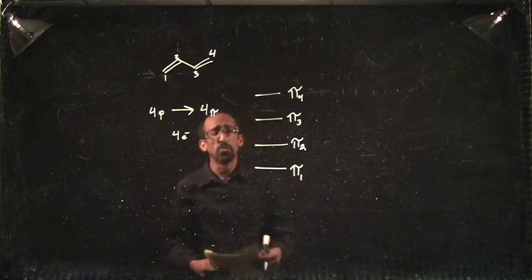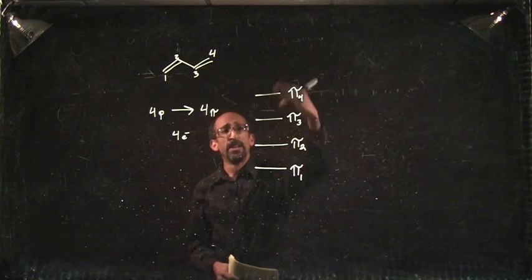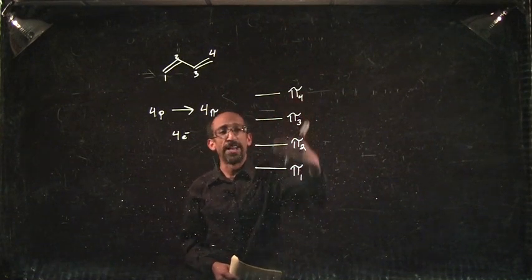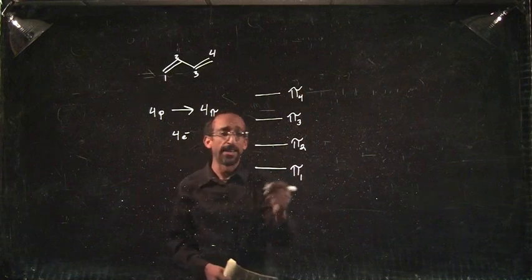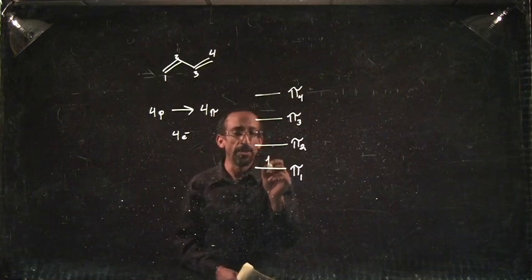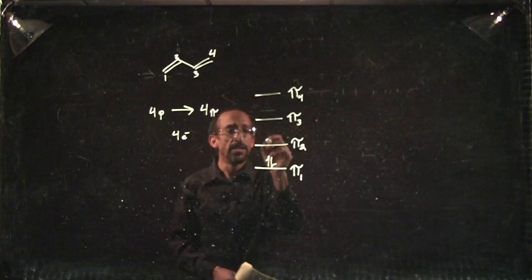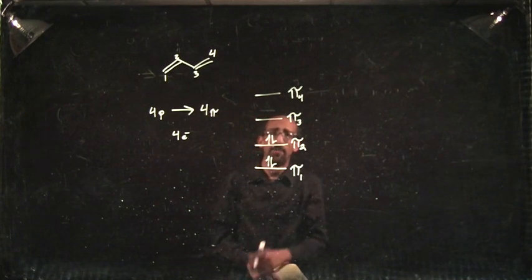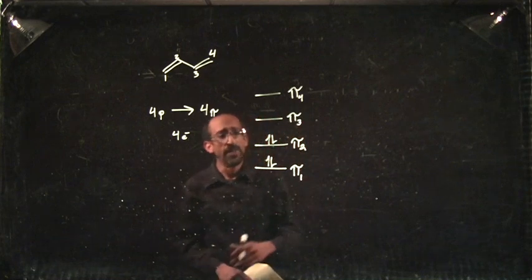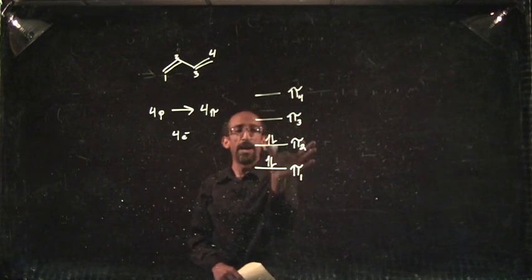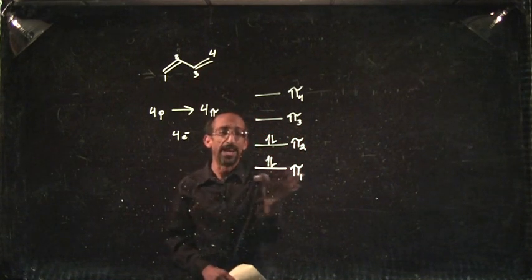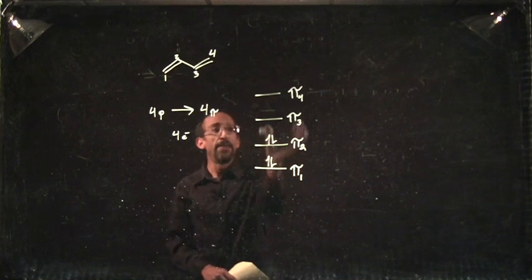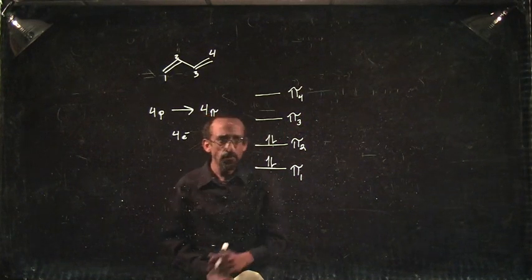We're going to use Hund's rule to begin filling these molecular orbitals with our 4 pi electrons. We fill from lowest energy to highest energy, completely filling each orbital before we move to the next one, which shows us that pi 1 and pi 2 for 1,3-butadiene are full, and pi 3 and pi 4 are empty.